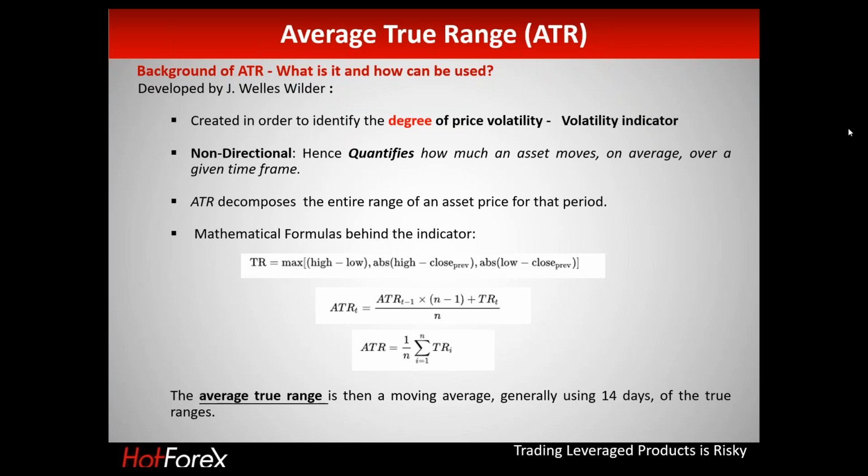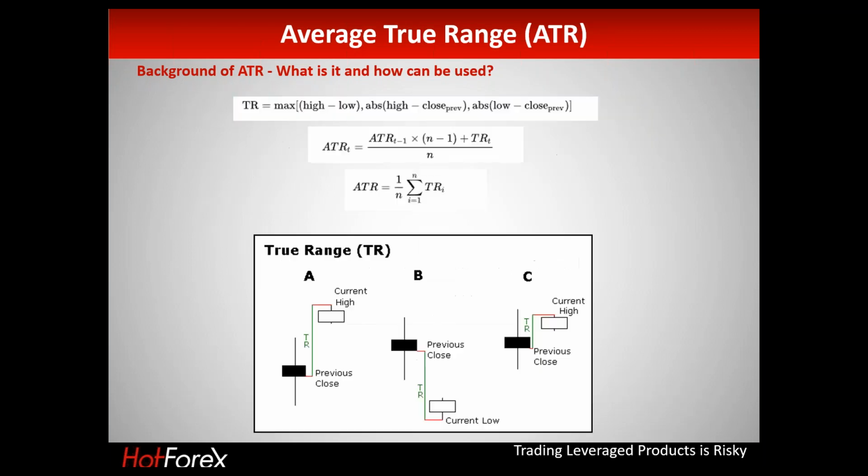Since the true range of the ATR is calculated by subtracting the prices of an asset, it can be used in any type of market. So let's move on. That was a bit of background, just a taste of maths.